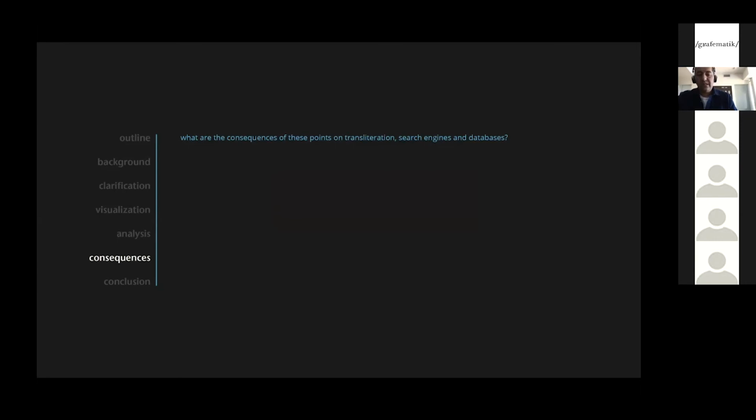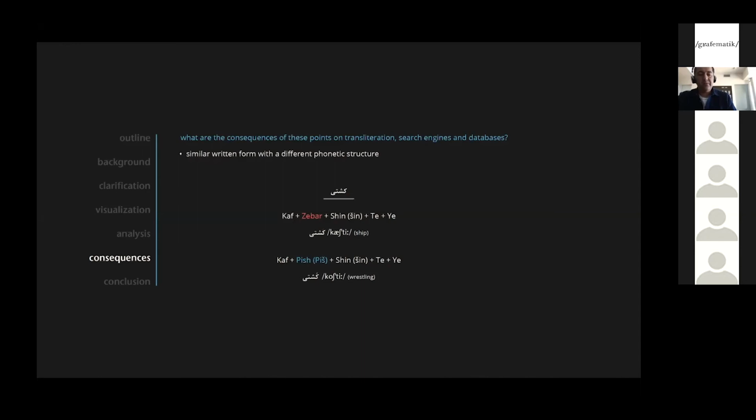What are the consequences of these points on transliteration, search engines, and databases? Although the frequency is not so high, in Persian there are some words with a similar written form, while they have a different phonetic structure. And these differences are not presented because of the unrepresented short vowels.